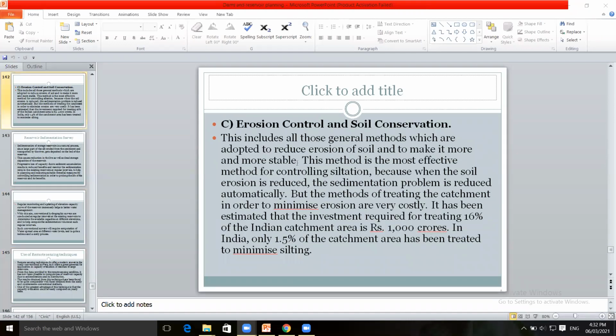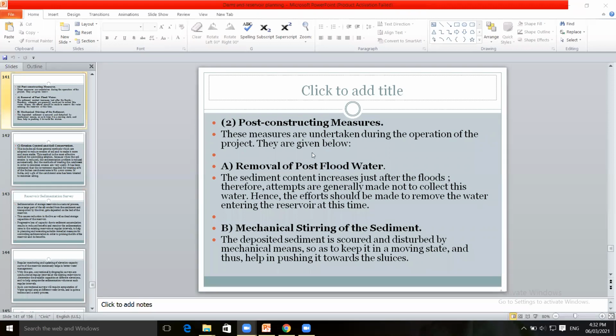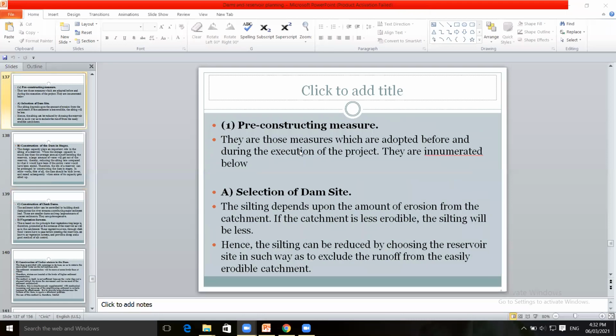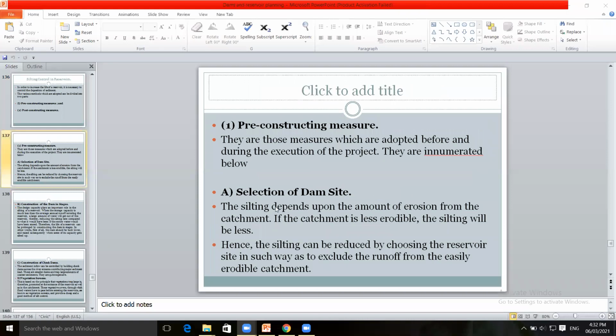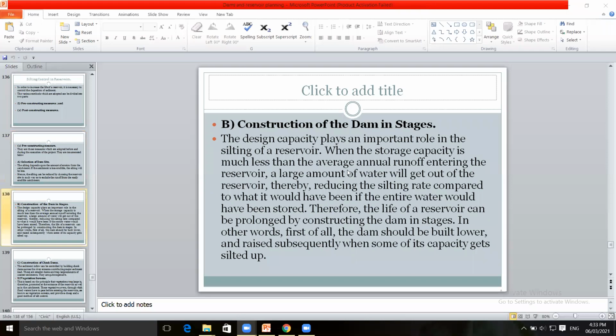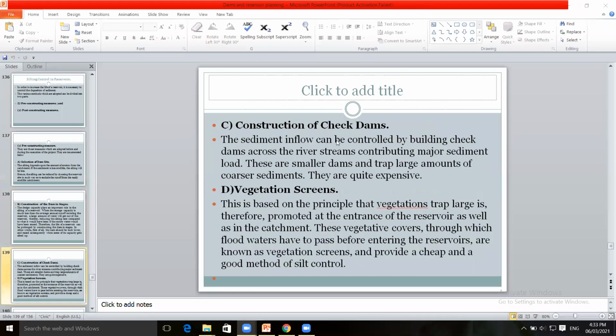So what are the post-construction measures? These are the measures which are taken during the operation of the project. Some of the pre-construction measures we have seen are selection of the dam site, construction of the dam in stages, then construction of check dams and vegetation screens before construction of the dam structure or during execution of the project.